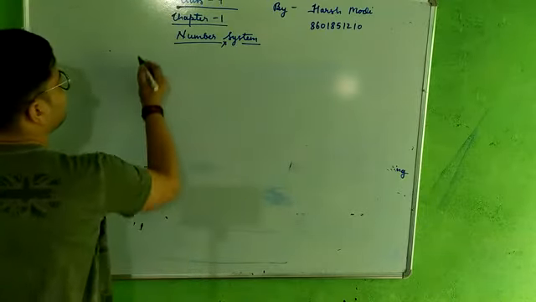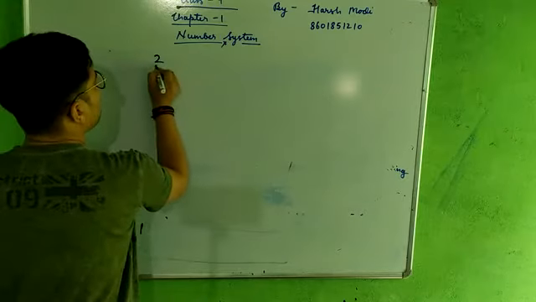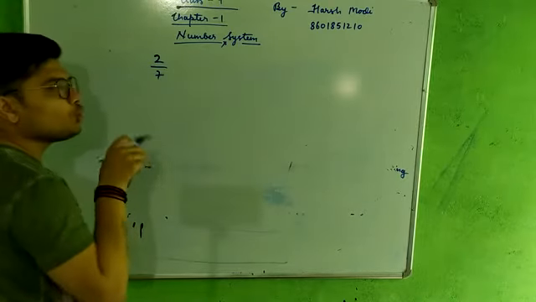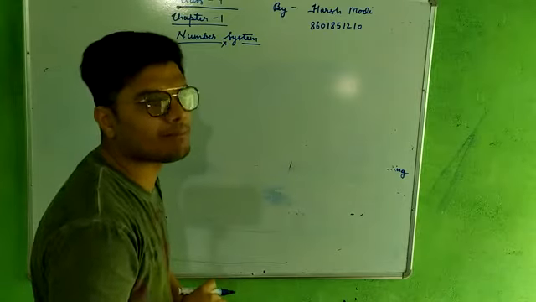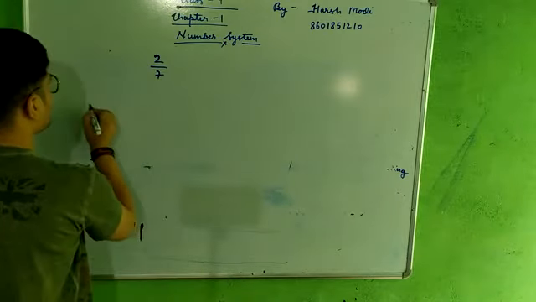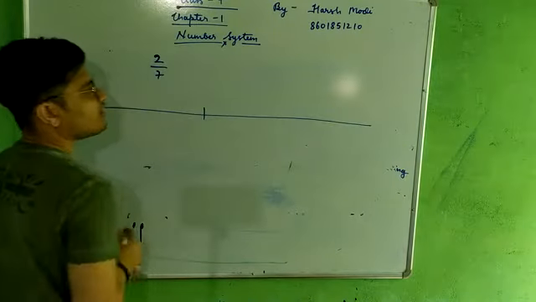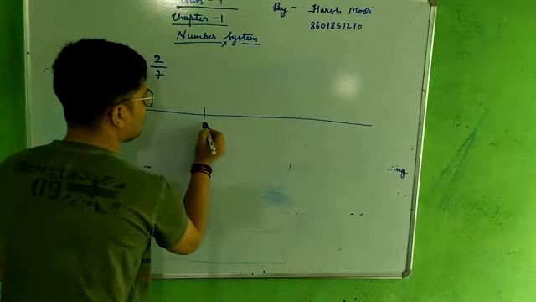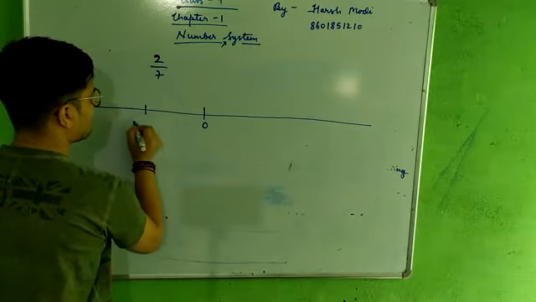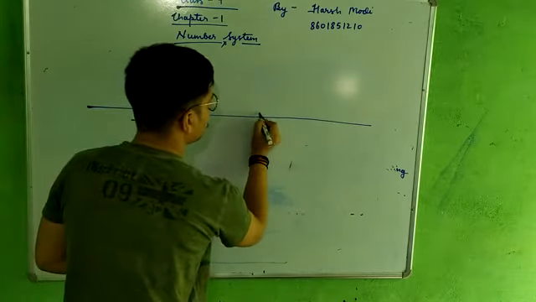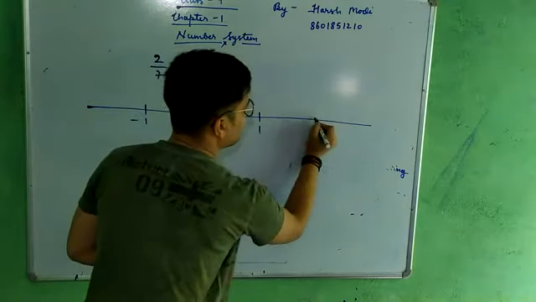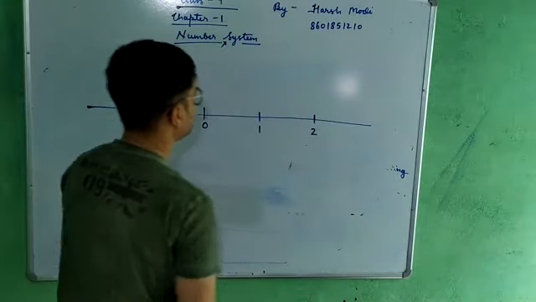Suppose I take 2/7. Suppose this is our number line: 0, -1, +1, +2.